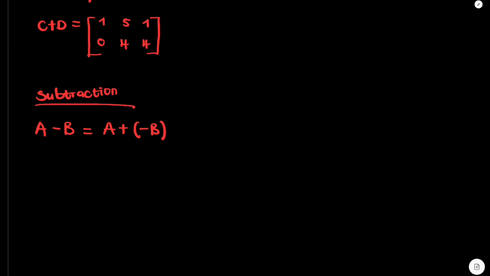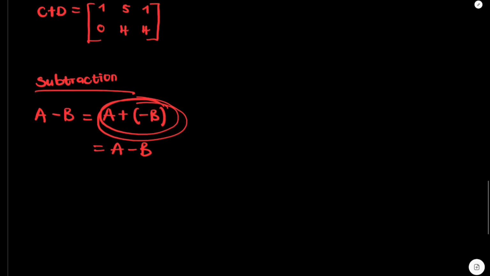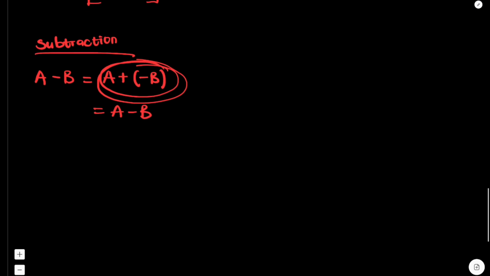But if this confuses you, then you can go through your normal minus sign. You can just simply say A minus B. But this is just to link it to addition. It is just adding a negative number. That is, you multiply minus 1 by an element in B. Okay, so that is just it.